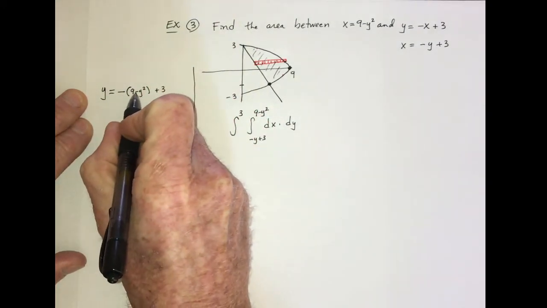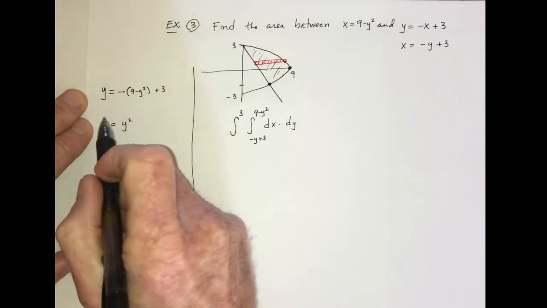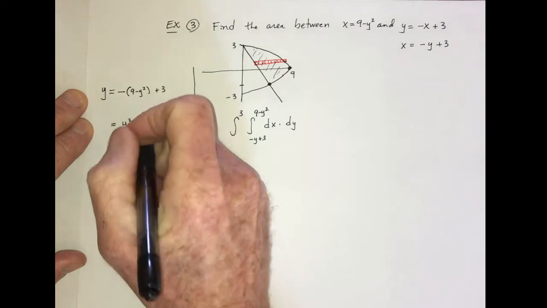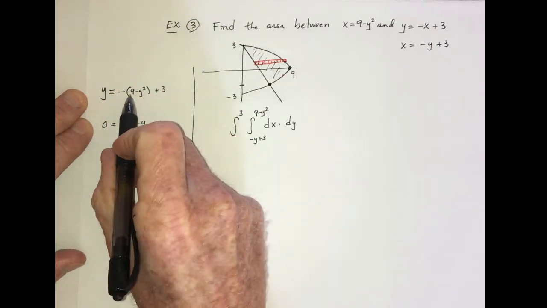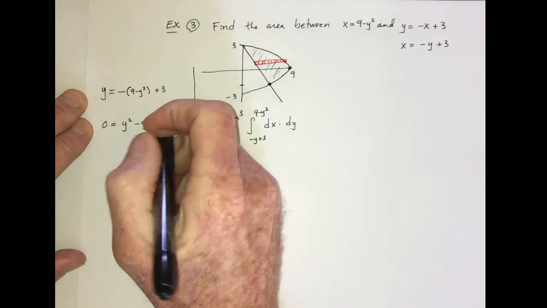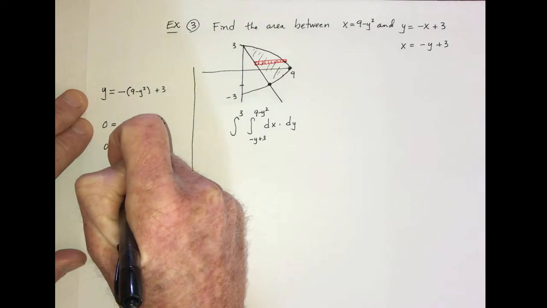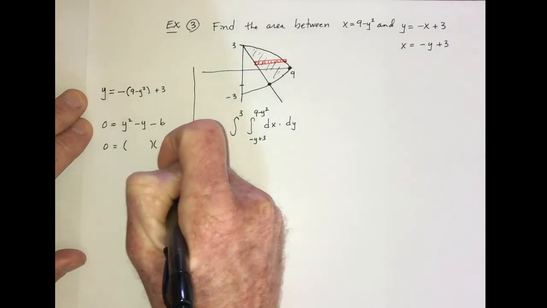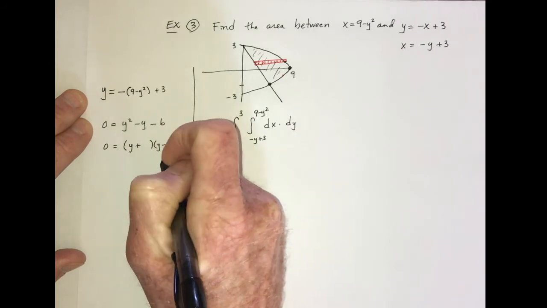So let's see, this would be negative negative, so that is positive y squared. And then I could subtract this y and put it on the right side, so it's set equal to 0. This would be a negative 9 and a positive 3, so that's a negative 6. And then let's see if I could factor that. So y plus something and y minus something.